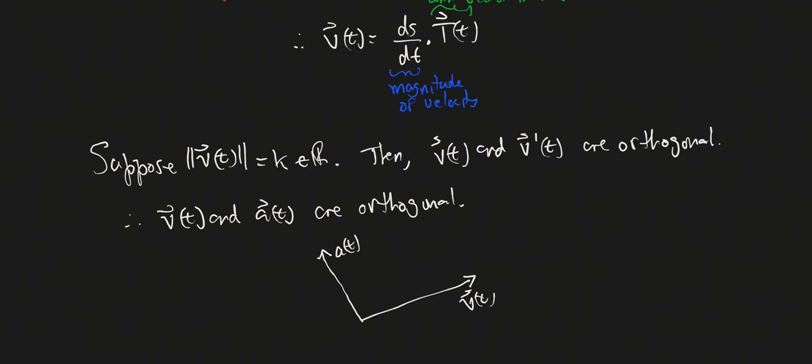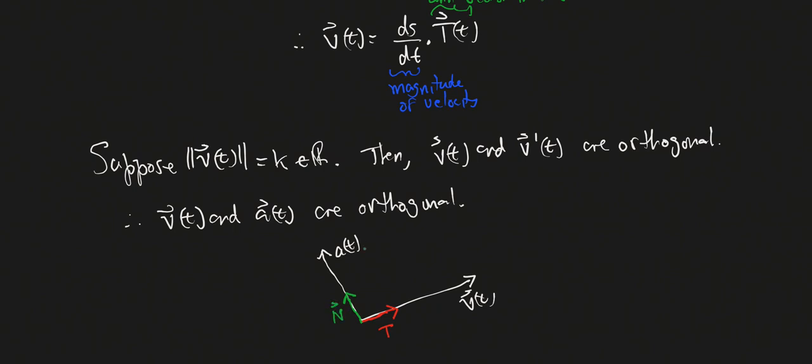But think about it. We have our unit tangent vector, which would be this. So that's T. And then we have a vector that's orthogonal to it, and that's our N. Right?